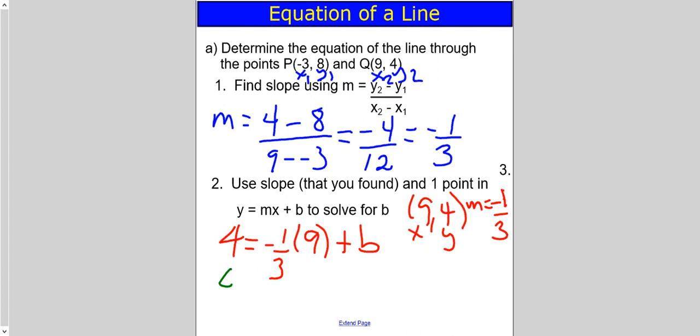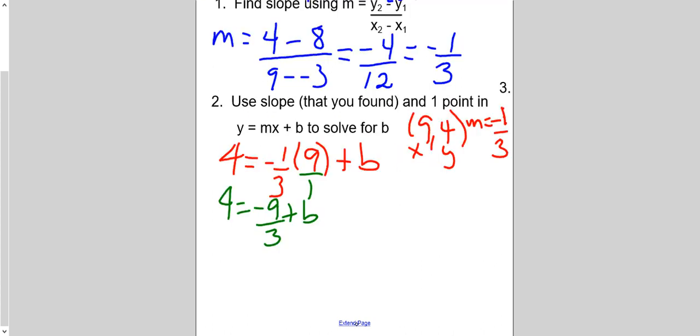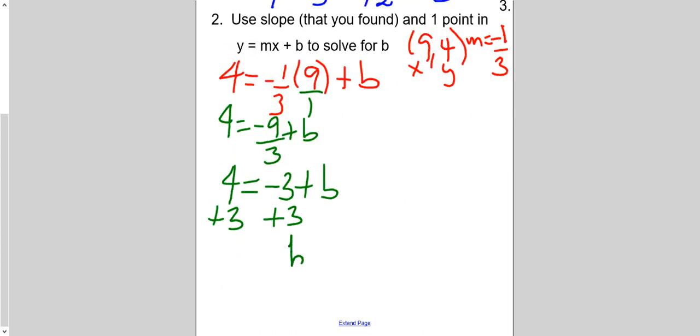All right, let's simplify this. So -1 times 9. So remember, when we are multiplying fractions, you multiply your numerators and your denominators. Since that x did not have a denominator, I can put it over 1. And so -1 times 9 is -9, and 3 times 1 is 3, plus b, which -9 divided by 3 is -3 plus b, add 3 to each side, b equals 7.